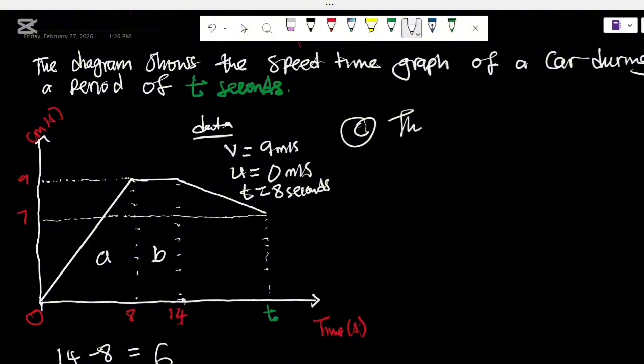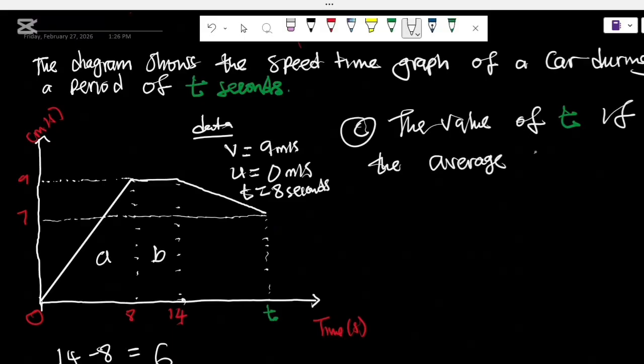The value of t if the average speed is 7 meters per second.